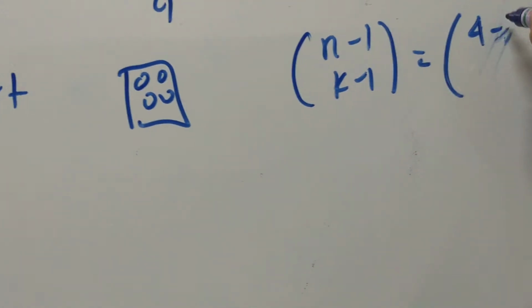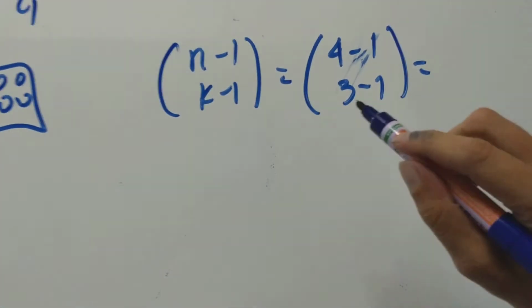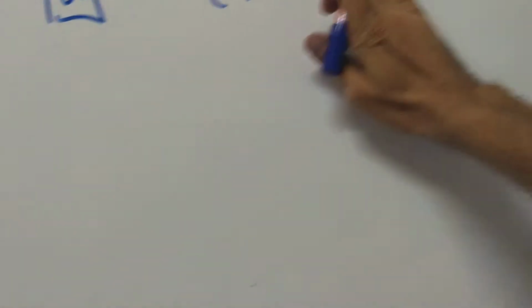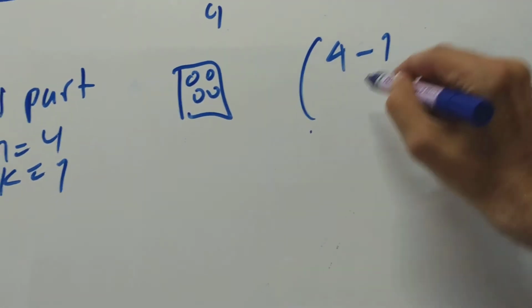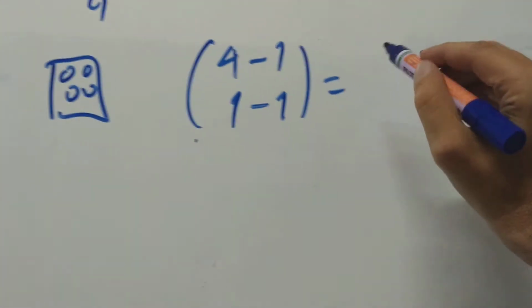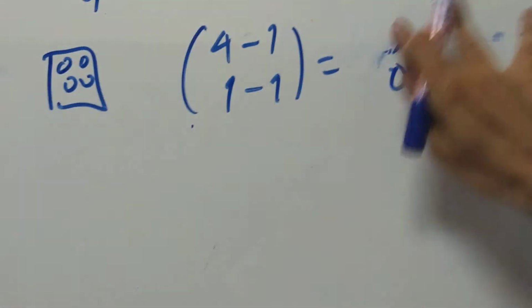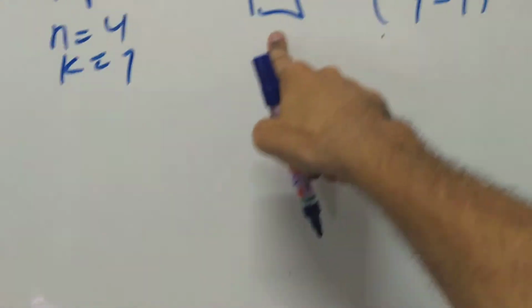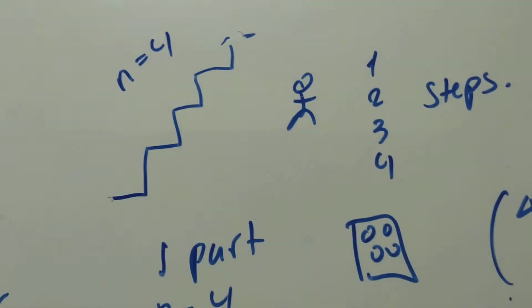Well, I'll do it more carefully. 4 minus 1, 1 minus 1, that's 3, 0, and that's 1. And as you can see, there's only one way to do this. In 1 part, you got to take a jump of 4 steps.